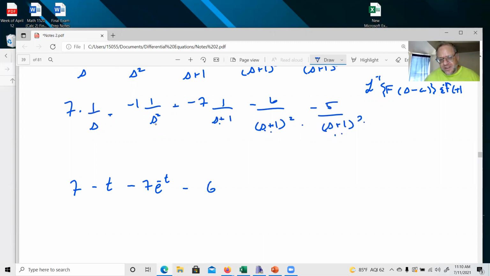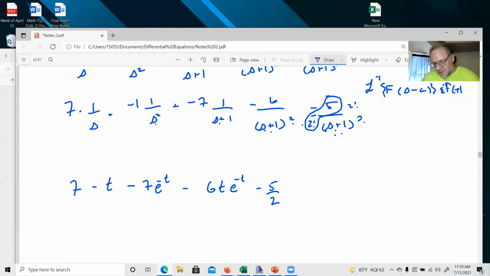Minus 6, and then squared, t, e to the negative t, okay? Minus 5. This is going to be t, oh, not quite, because I need a 2 factorial and a 2 factorial here, right? So we have 5 over 2 to pull this around.